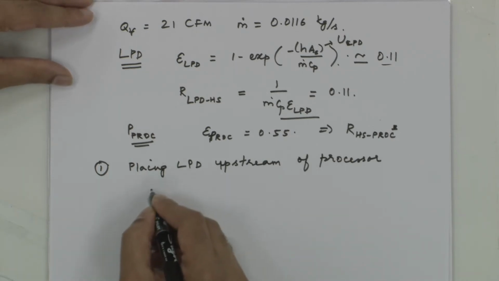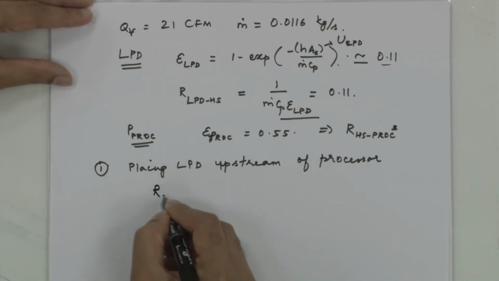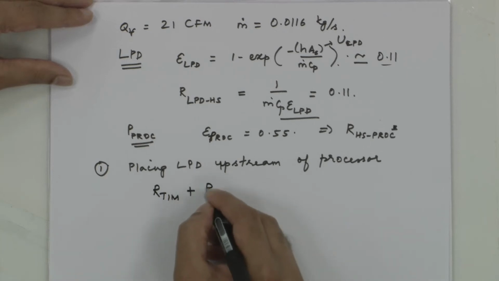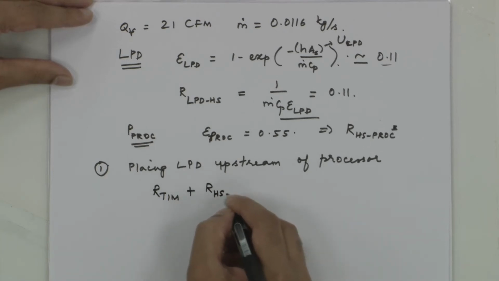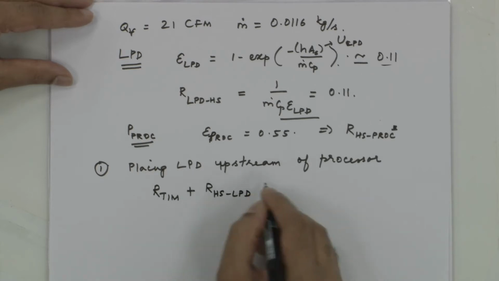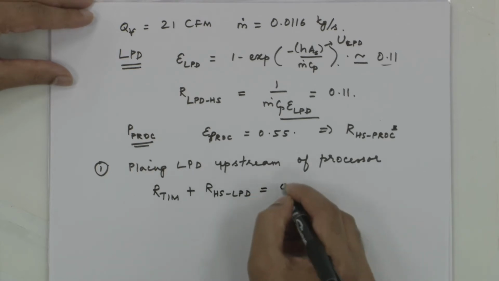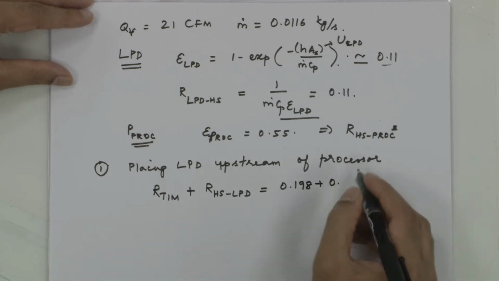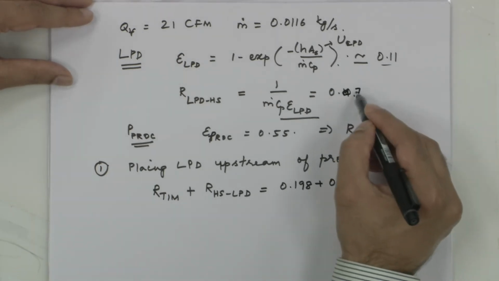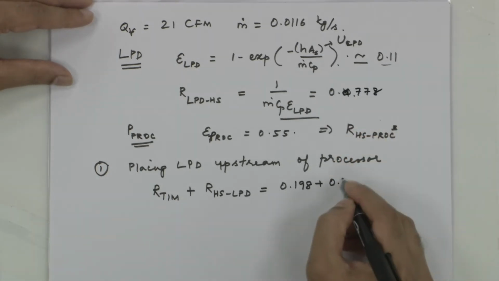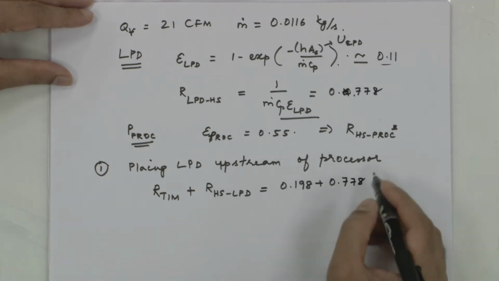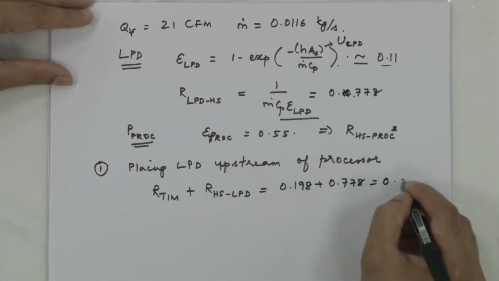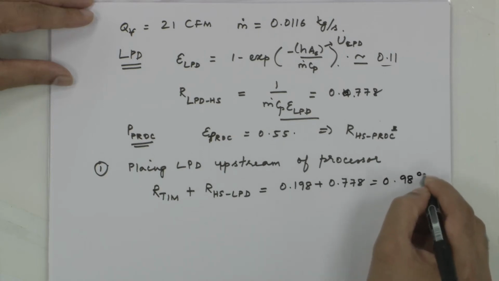We know that there is a thermal interface material and there is a heat sink associated with the low power device. Adding those two gives a total resistance of 0.98 degree C per watt.